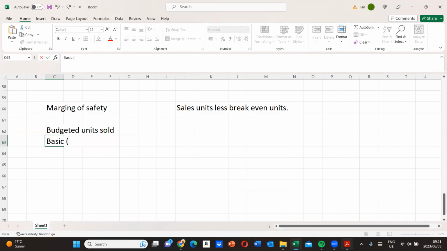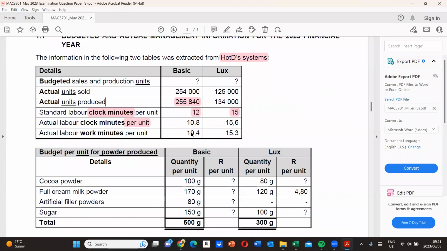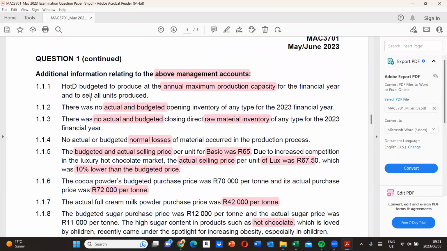We are being told that this company at maximum capacity produces 130,000 tons. And if you check, HOTD budgeted to produce at the annual maximum production capacity.